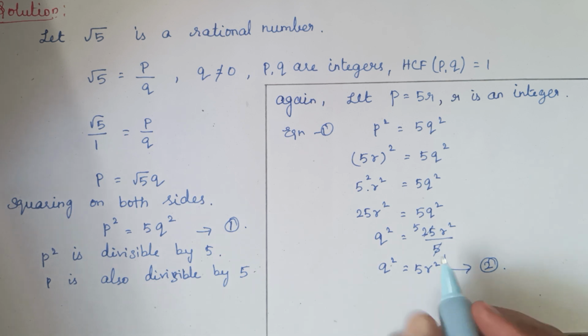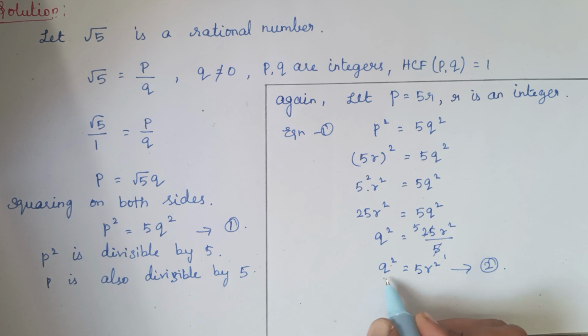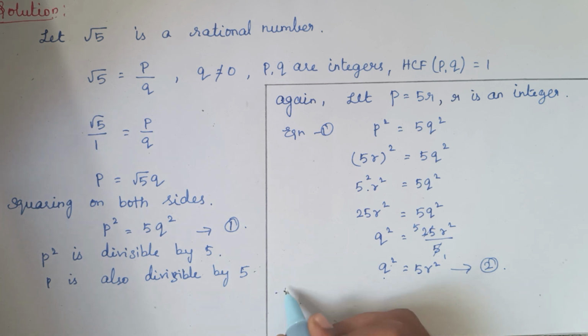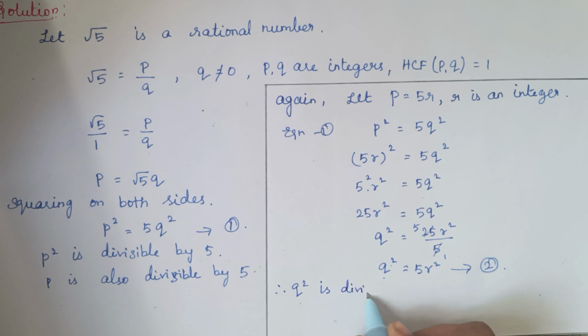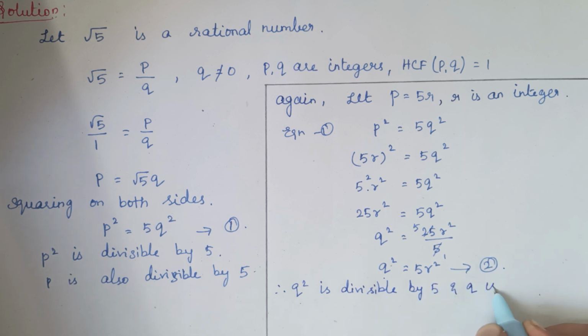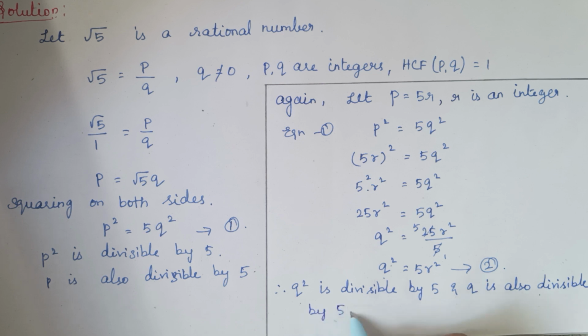For q square, if we bring this 5 down, it will come as q square by 5. So q square is divisible by 5. Hence q square is divisible by 5, and q is also divisible by 5.